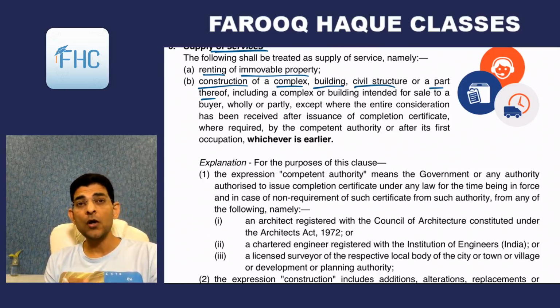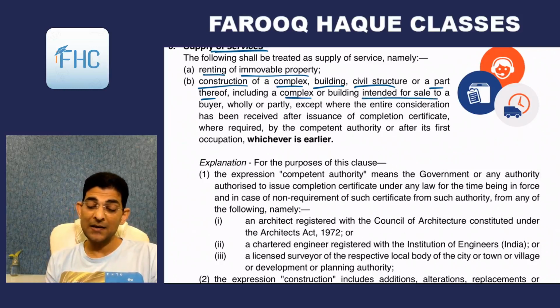Means you can be constructing the whole, or a part of it, including a complex or building intended for sale to the buyer, wholly or partly, except where 100% of the consideration has been received after issuance of the completion certificate wherever required by the competent authority, or after its first occupation, whichever is earlier.